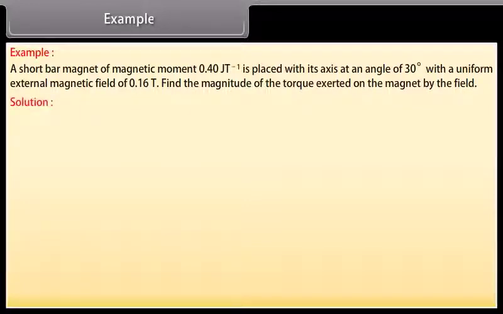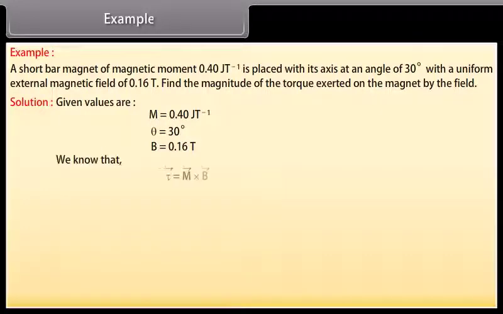Let's see the solution. Here given values are: m is equal to 0.40 joule per Tesla, theta is equal to 30 degrees, B is equal to 0.16 Tesla. We know that tau is equal to m cross B, or in terms of magnitude, tau is equal to mB sine theta.